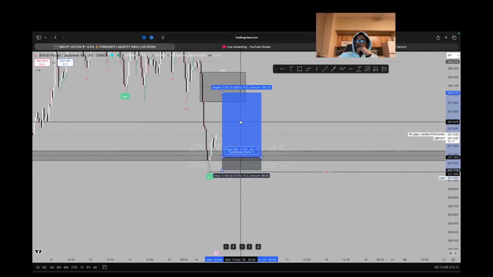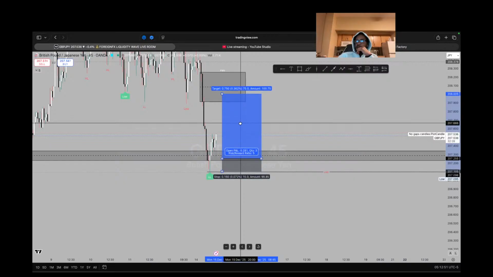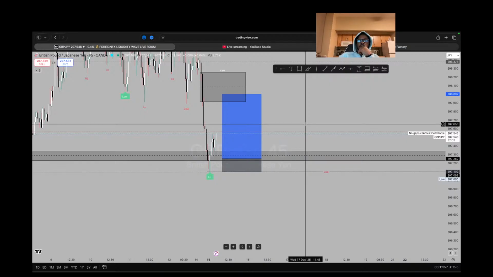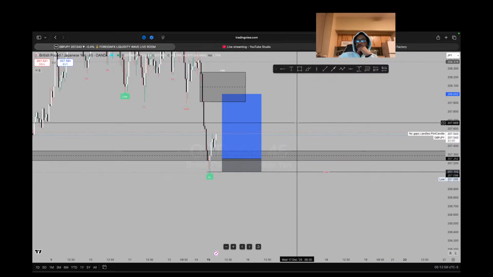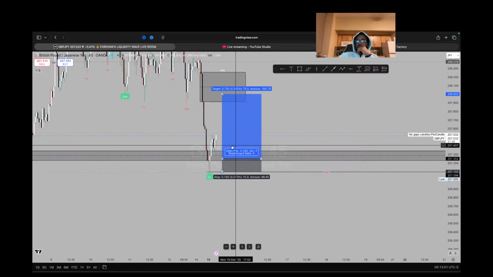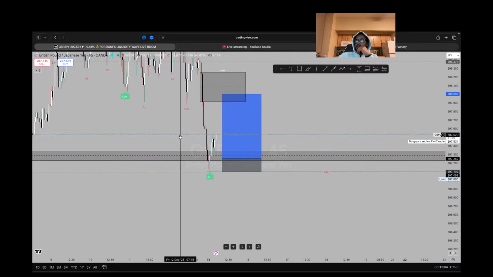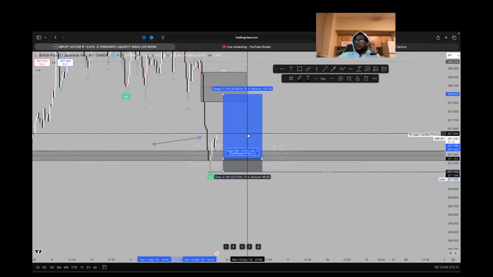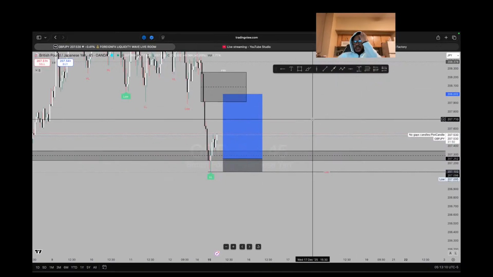I don't want to say I overanalyze, but I want my stops to be at the low of day. I'm not trying to rush in, get stopped out. We have this bearish fair value gap right here. We could hold as a resistance.